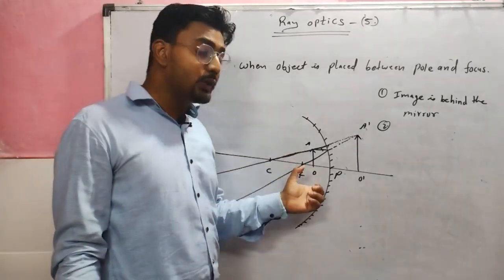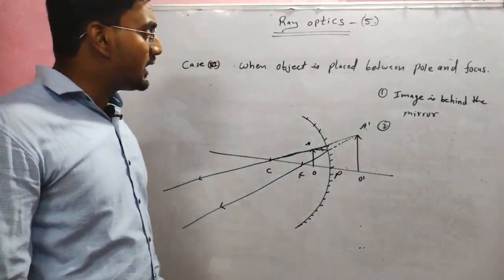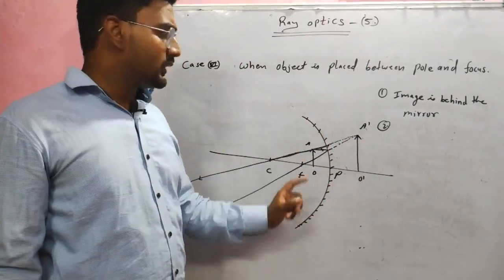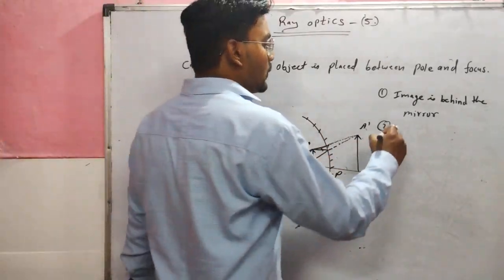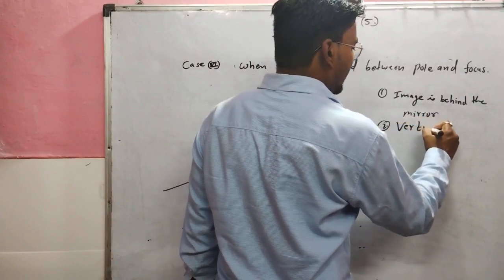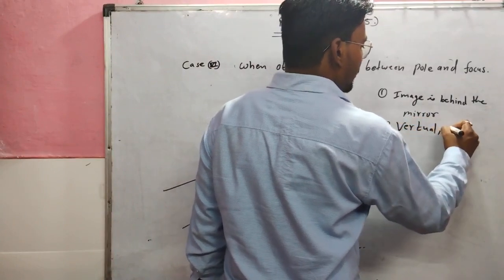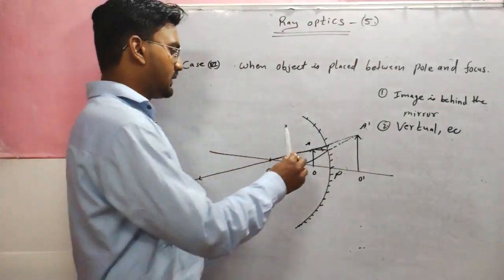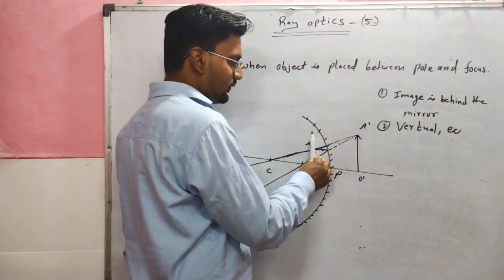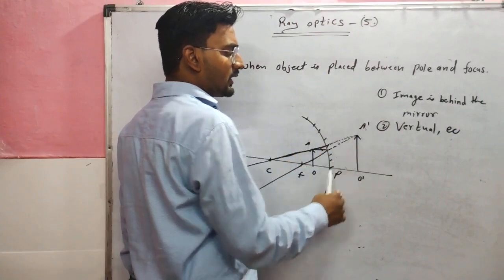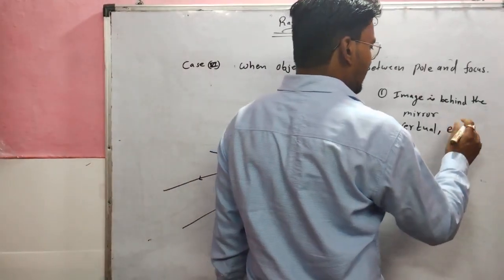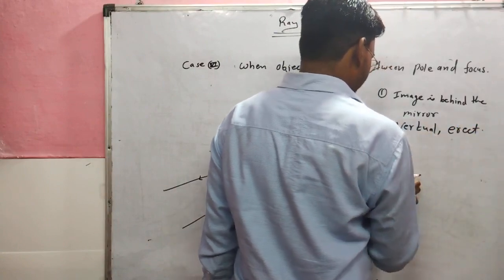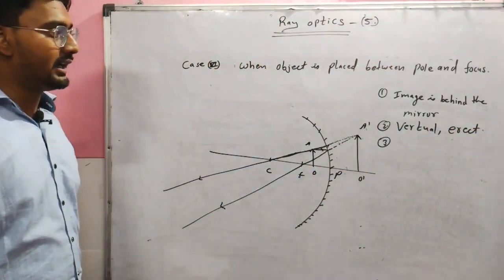That's why we produce backward, and backward light rays meet at the common point, and that's why this is a virtual image. And a virtual image is always erect. Erect means same side, same as object. The object is placed here and the image is formed the same, so the image formed is virtual and erect. The image is behind the mirror.